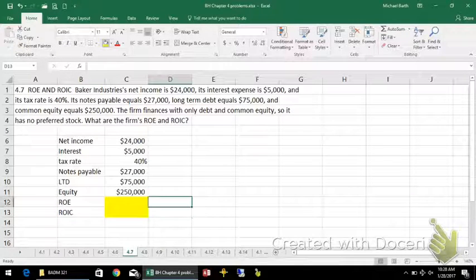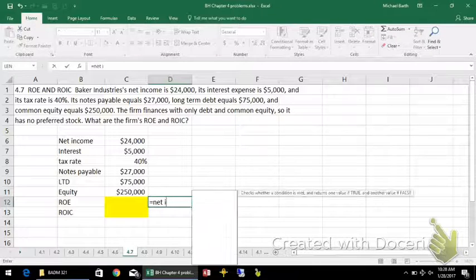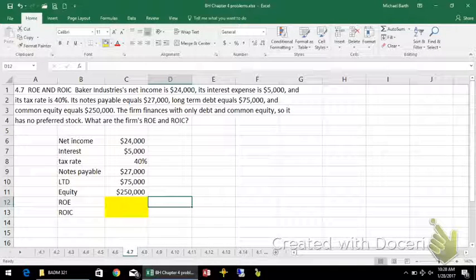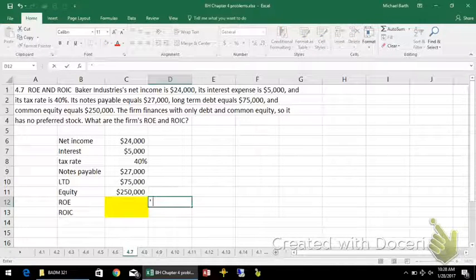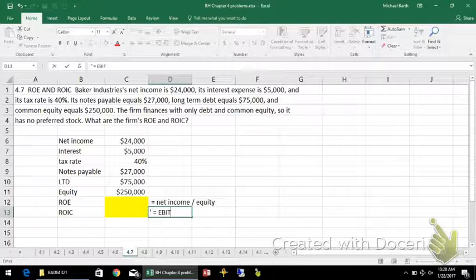Okay, so the ROE ratio is equal to net income divided by equity. And the ROIC ratio is equal to earnings before interest and taxes times 1 minus the tax rate.